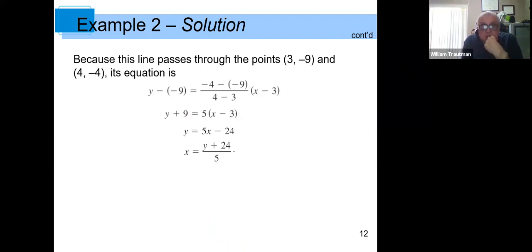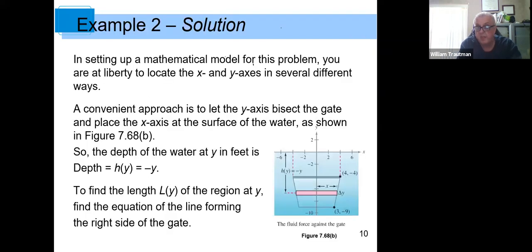Now I want to take us back. I'm going to show you something. I want to take us back to the picture. So let's go back to the picture. Let me erase that circle. Our formula was x equals y plus 24 over 5.